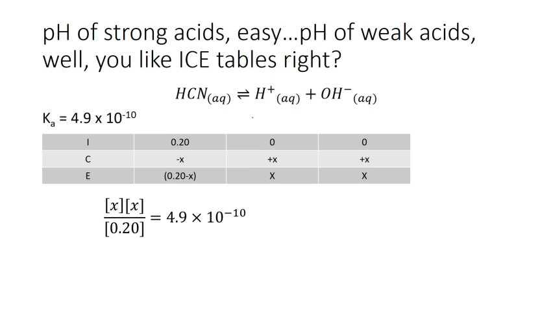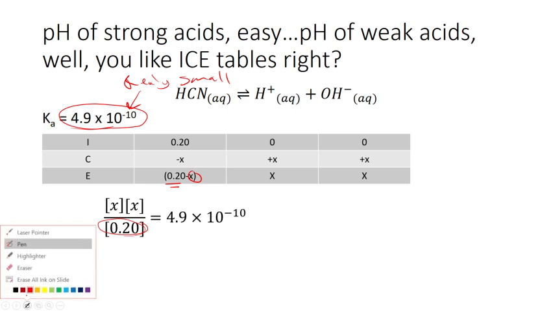So now, looking at this, we can look at this number and say, this is really small. 10 to the negative 10 is a really small number, which means very little of this acid is going to dissociate, which means x, in turn, is going to be very small, which means compared to the amount here, this is not going to change.